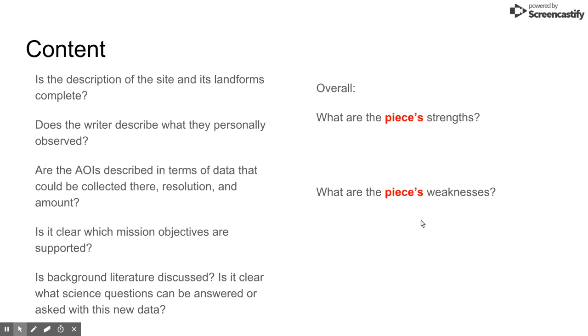belongs to a person with feelings and emotions, and they are going to take your writing, your peer review, personally.